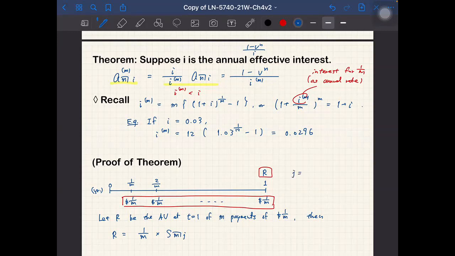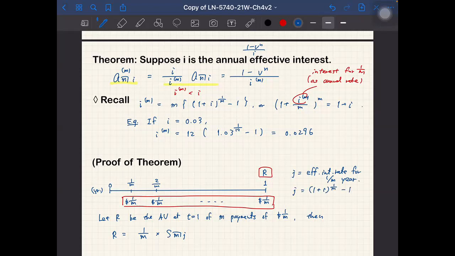So j is the effective interest rate for 1 over m year. That means j is equal to (1 plus i) to the power 1 over m, minus 1.